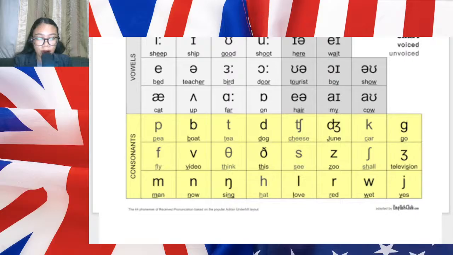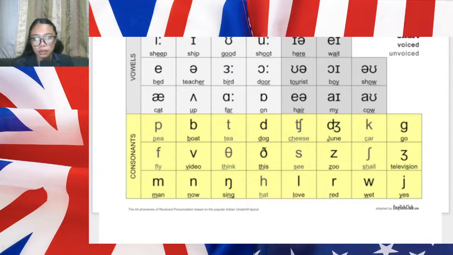Now, monophthongs: if you try to dissect the word itself, mono means one. Let me clarify what the other part of the word means. Monophthong is basically a single pure vowel sound.